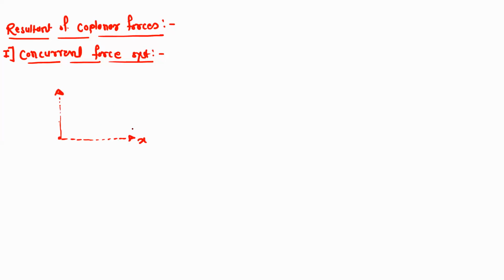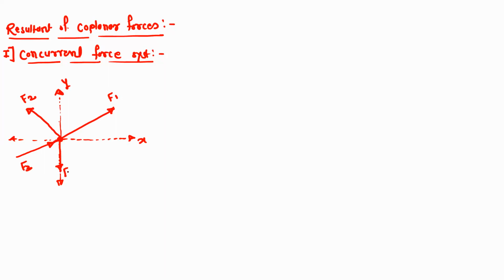So this is the x-axis and this is the y-axis. This is negative x and this is negative y-axis. Okay. We have some forces F1, F2, then F3 and F4.